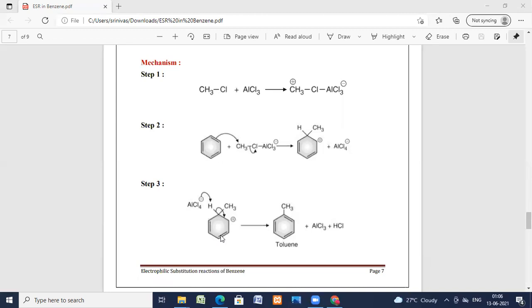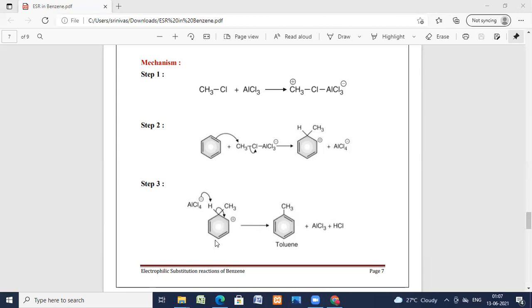The pi bonded electrons shift towards the positive charge, this carbon gets the negative charge, and the negative and positive charges form a pi bond here. This pi bond is broken here, and this carbon gets the positive charge. So you can notice the resonance structure: the positive charge has shifted from ortho to para position.